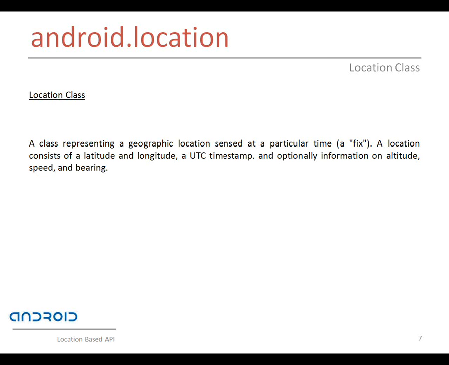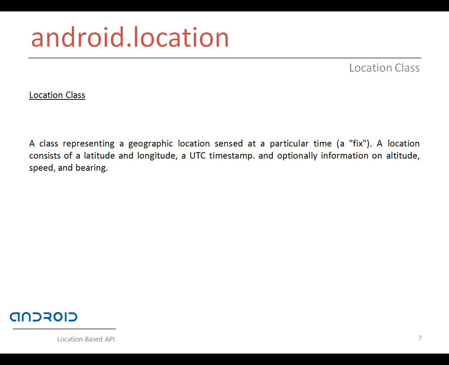We get the instance of the Location class from the LocationManager by calling locationManager.getLastKnownLocation, and within that providing the provider as a parameter. It returns you the location.